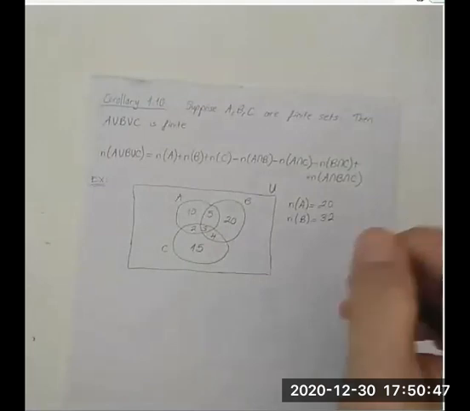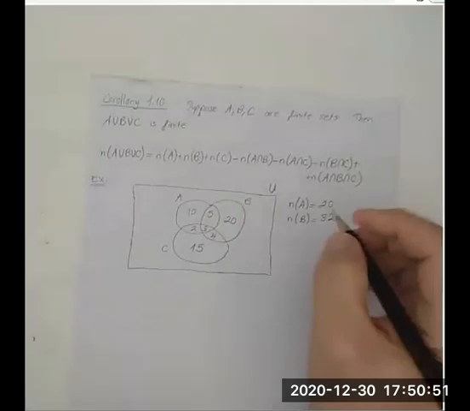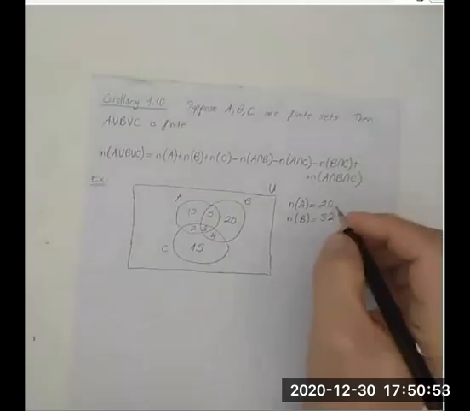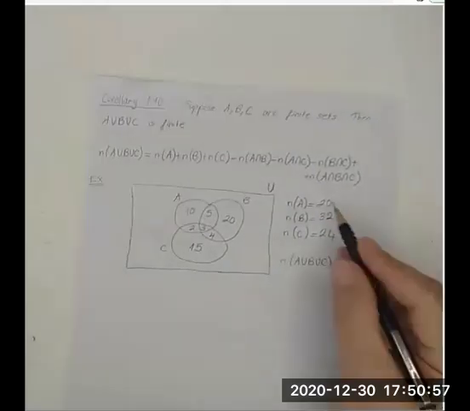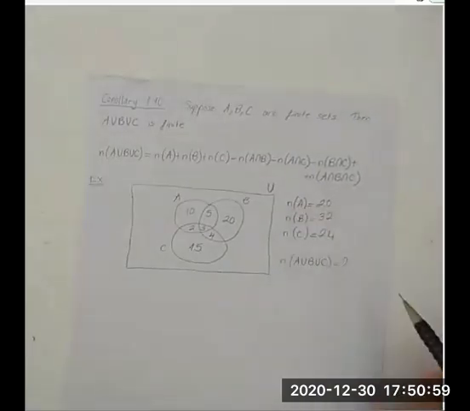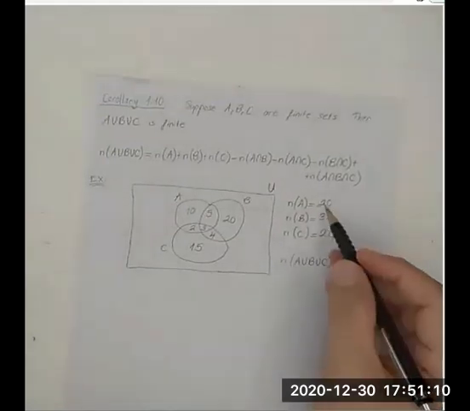So can you say the number of A union B union C is the total of the three sets? No, right? If you add them together, it is going to be 52, 72, 76.